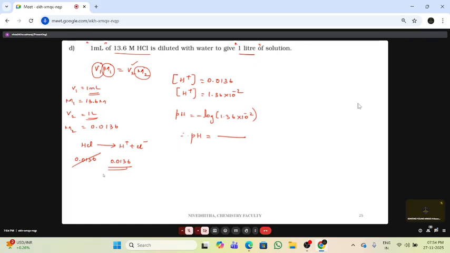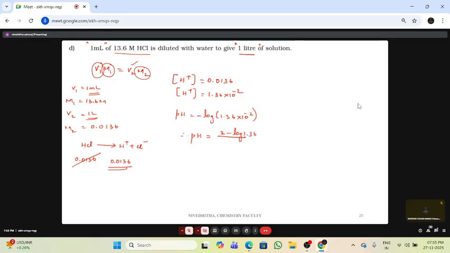What is the value of pH? It is 2 minus log 1.36, right?